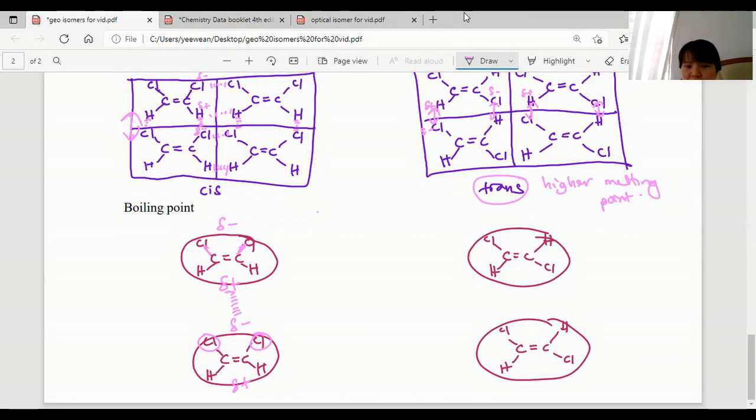Now looking at the trans, it's pulled this side and this side. Don't they cancel out? It's the opposite direction. So this delta negative actually cancels out each other. So it's almost not there. It got cancelled out. So I'm going to say this is just London forces, whereas this is a permanent dipole.